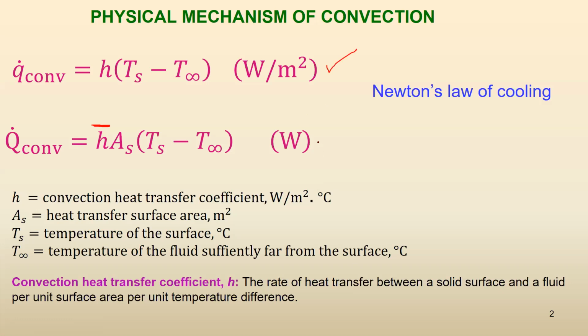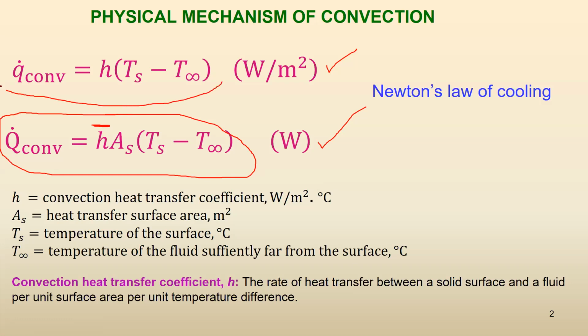The second one is the overall convection heat transfer rate, so this one is over a certain area. This is for a certain point. That's why when you use this equation, you need to use the local value for h. And when you use this equation, you need to use the average value. This is a very important difference.